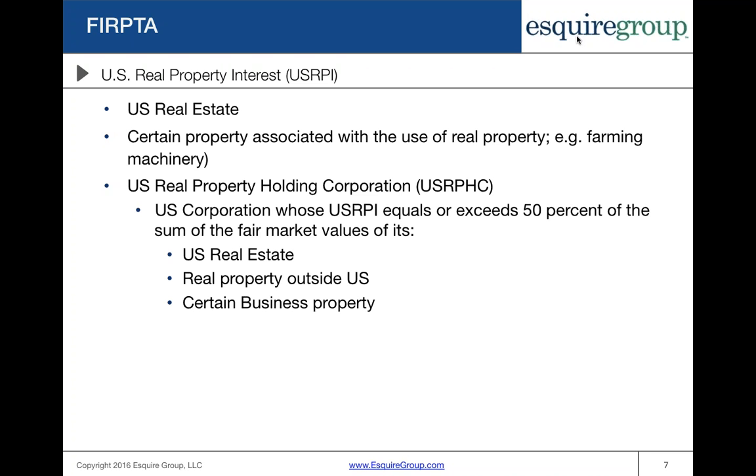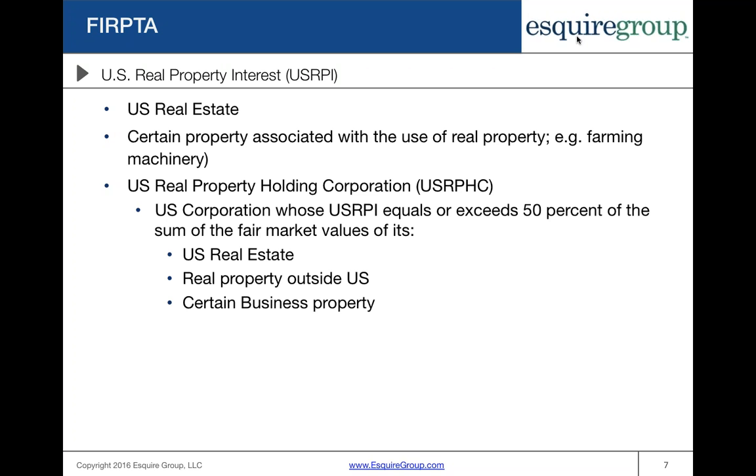Or if you have a U.S. corporation that owns another U.S. corporation, and that second U.S. corporation owns nothing but land, and the stock of the second corporation is the only asset of the first corporation, the first corporation would also be a U.S. real property holding corporation, because the shares in the second corporation would be considered a U.S. real property interest. So I think it's just important to note that FIRPTA could also apply to the shares of a U.S. real property holding corporation.